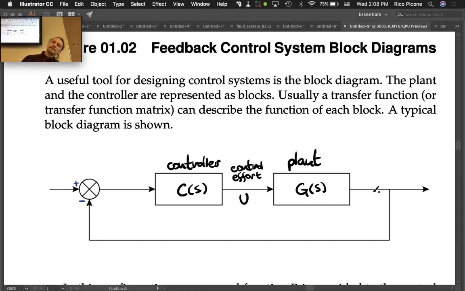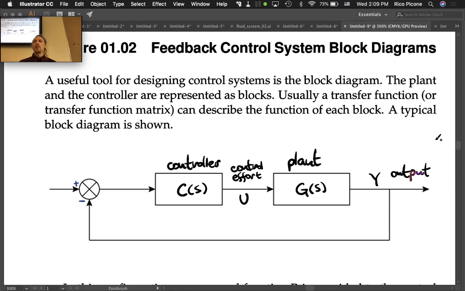So the output of the plant is the output of our entire control system, or our closed loop control system that we'll discuss in a moment. I'm going to suppress the of s just because it's a little cleaner. Y is the output.